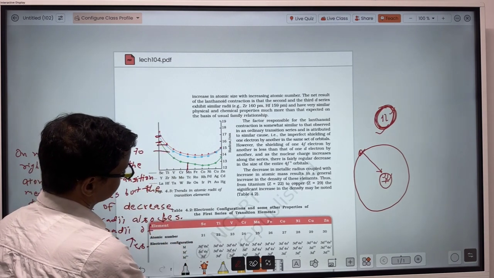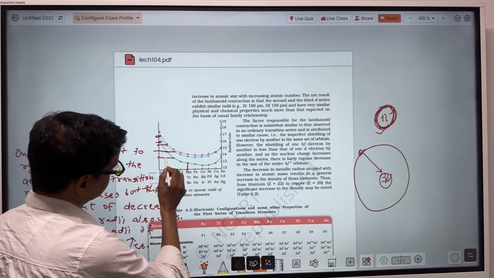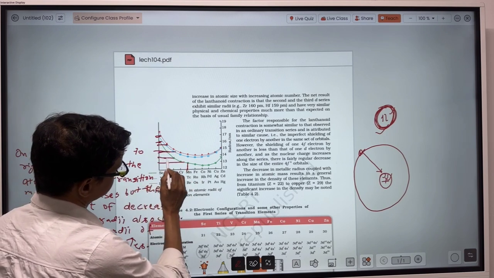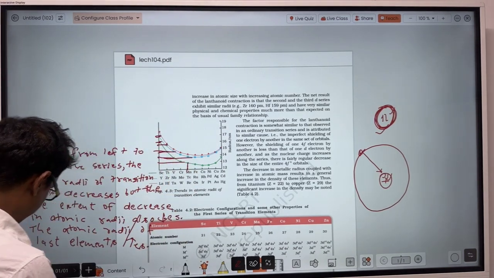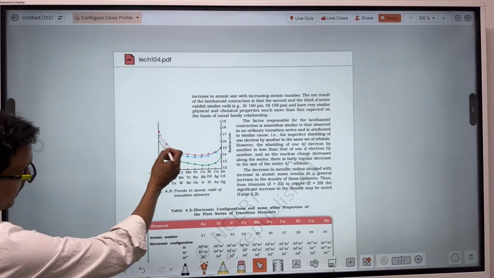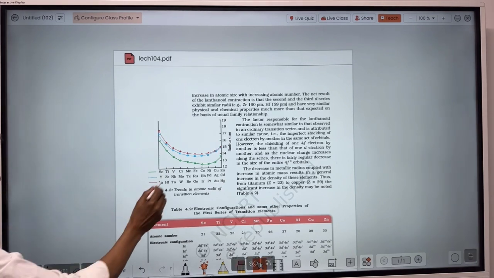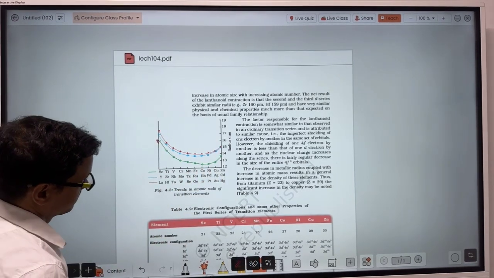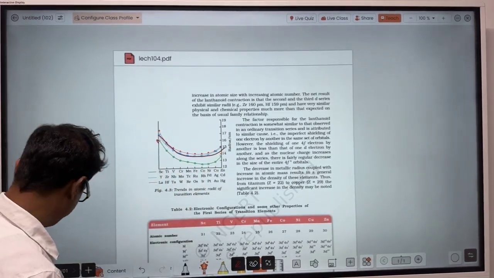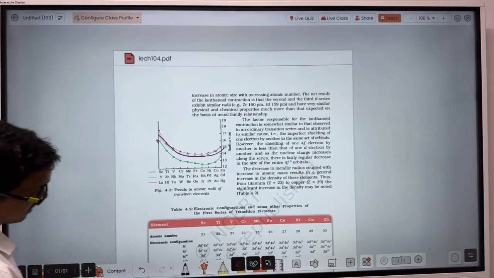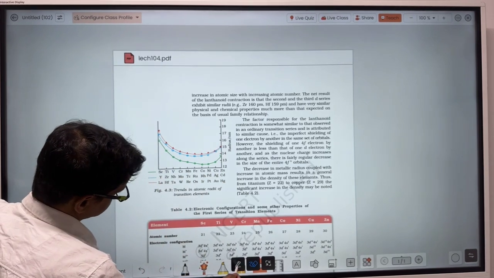Now this one and this one, when you compare these two atomic radii, the elements of the 4d series have atomic radii significantly greater than those of the elements of the 3d series.